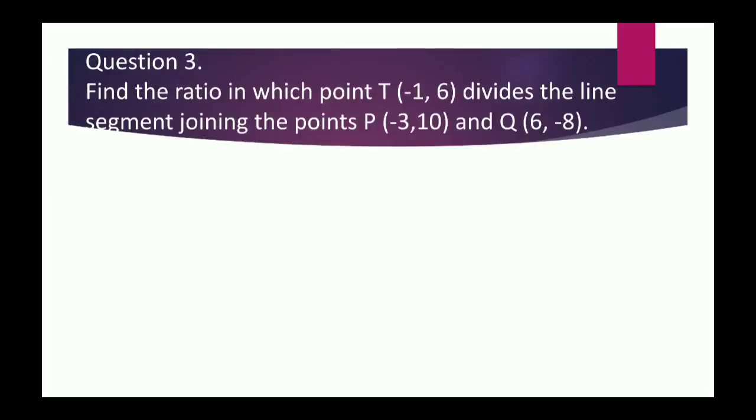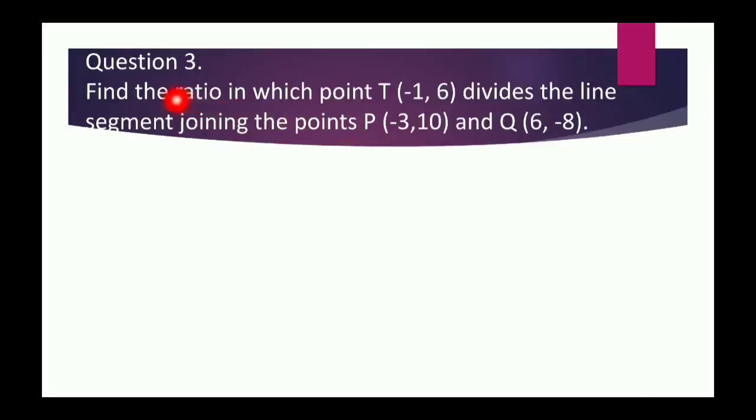Now question number 3. Find the ratio in which the point T(-1, 6) divides the line segment joining the points P(-3, 10) and Q(6, -8). So we have a segment PQ that is divided by the point T. Here we have the P coordinate, Q coordinate and T coordinate.